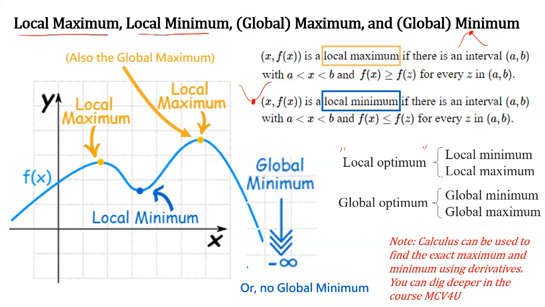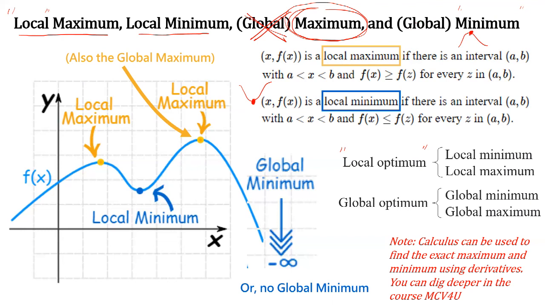And sometimes if you don't specify the term global, for example, if a question asks you to find only the maximum, this means the global maximum, right? If you want to find the local maximum, you need to specify the term local here, right? Without the term local or global, by default, the term maximum means global maximum, and minimum means global minimum.